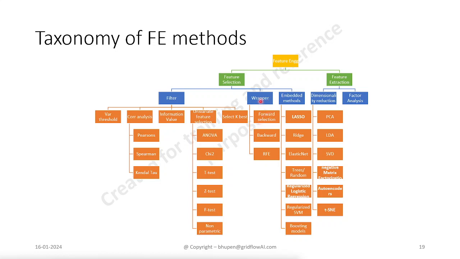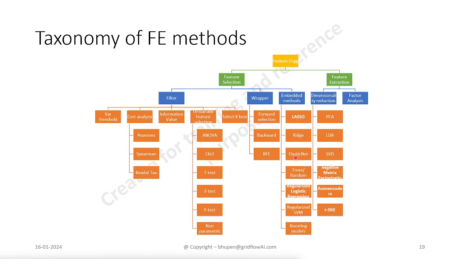Wrapper method, this is a machine learning based method: forward selection, backward selection, and the RFE method, quite popularly used for feature selection. Another feature selection technique that we use is embedded, which is, in other words, a shrinkage method, popularly known as regularization as well.